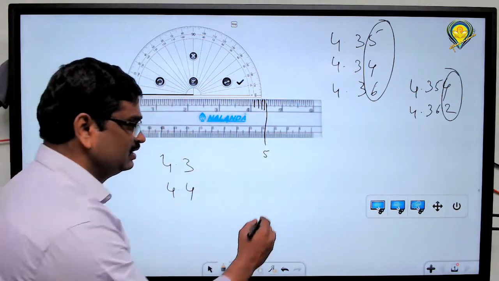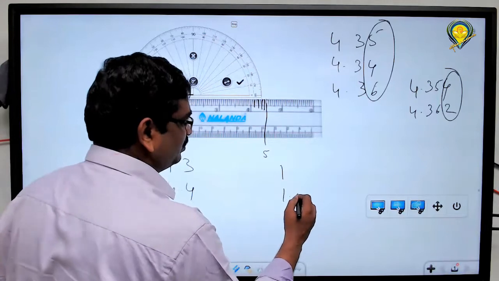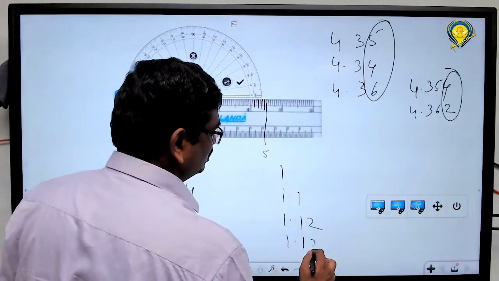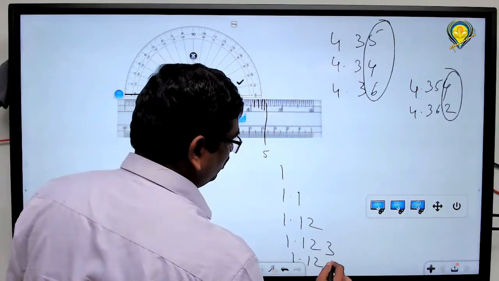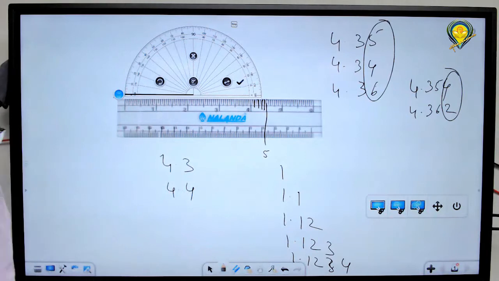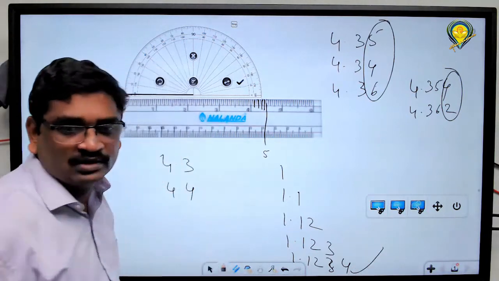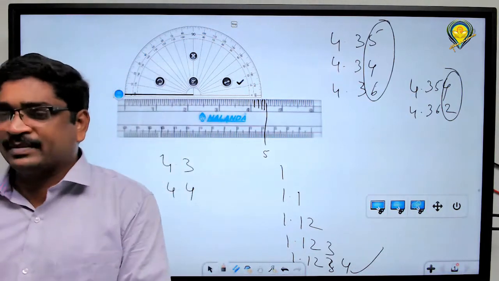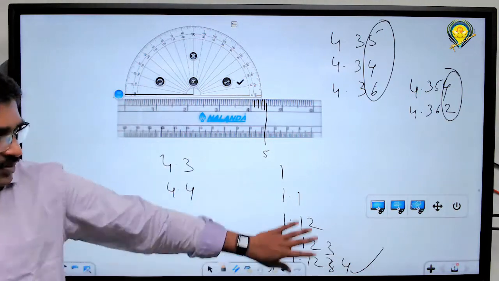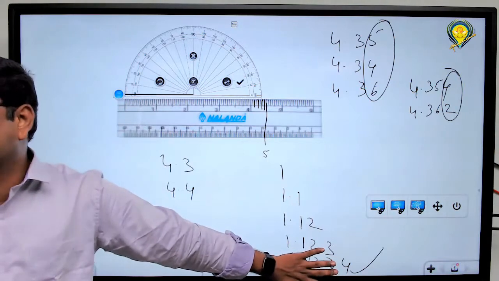For example, a number like 1, 1.1, 1.12, 1.123, 1.1234. Then which is more accurate? The last one is the most accurate. So among these readings, the last one is the most accurate.